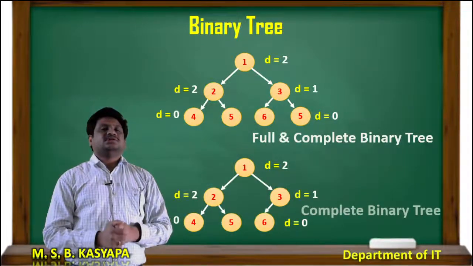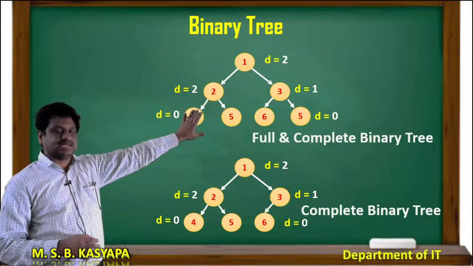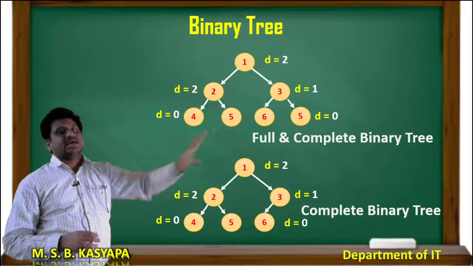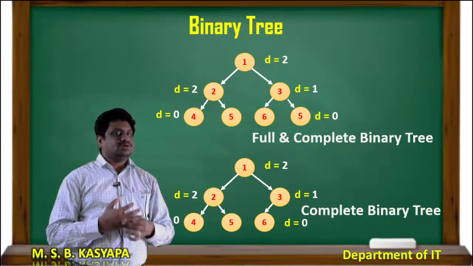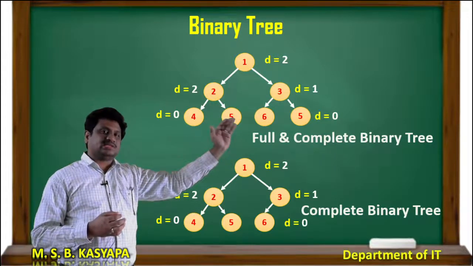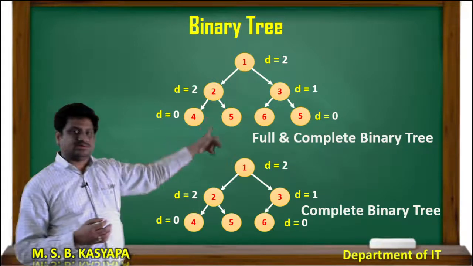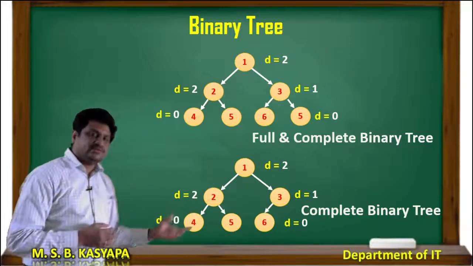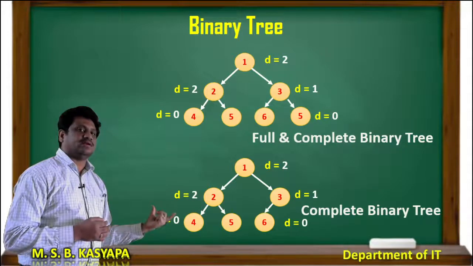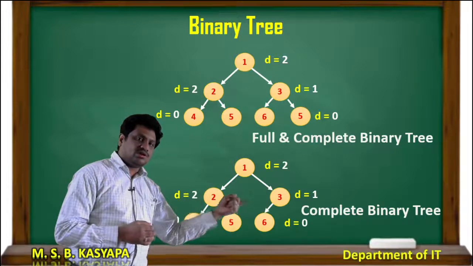Now if you see the diagrams, we already saw in the last slide a full binary tree, and it can be represented as a complete binary tree also. Why? Because everything is filled, and if I want to insert a new element, I have to insert from here, left to right. And if you see this diagram, it is not a full binary tree, but it is a complete binary tree, because the values which are left are on the right side.